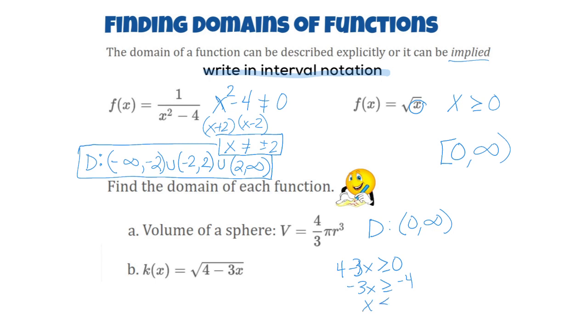Remember, when you divide by a negative, you switch your inequality. And so you're left with this right here. That's inequality notation. In interval notation, it says x is less than that. So I'd say from -infinity would be the smallest all the way until it gets to 4/3. It can actually equal 4/3, so I do a bracket on that one.